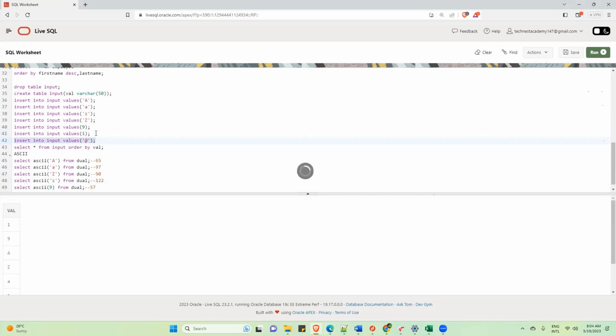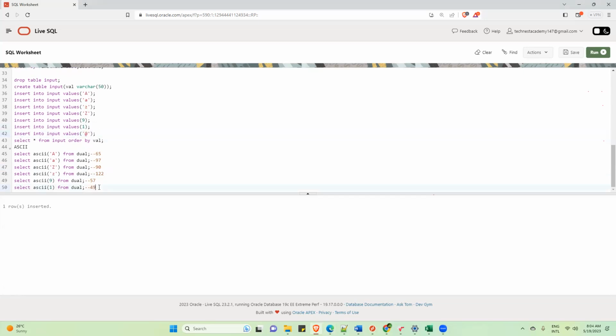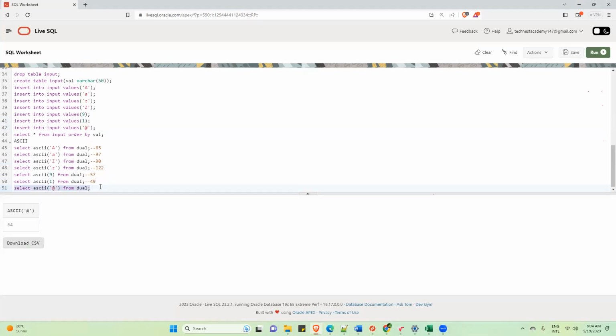Suppose this is there. So what will the engine do? First of all, the engine will find the ASCII value of at the rate. 64. Now I will execute this query. 64 means after 49 and 57, after 1 and 9, you will get 64.